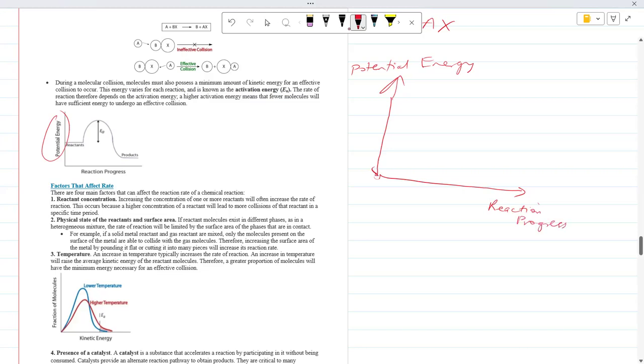Now, let's say that this is the initial energy level of the reactants. So you have the reactants here.